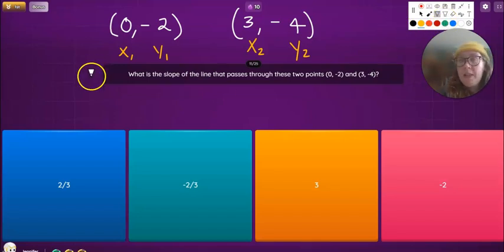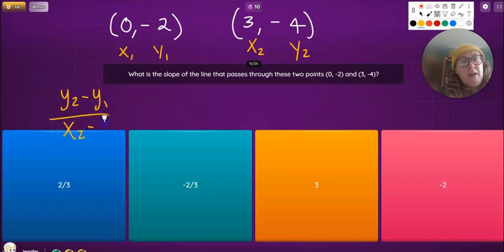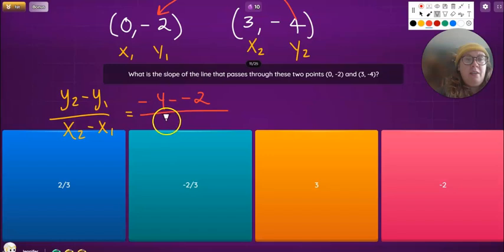To find the slope between them, we can use our slope formula, y2 minus y1 divided by x2 minus x1. So we have negative 4 minus negative 2 divided by 3 minus 0.